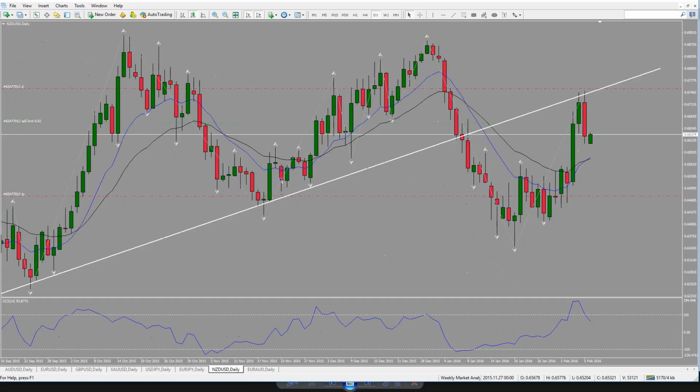Kiwi dollar, we are going to try and trade off this resistance line. And we have placed 50% of our trade as a pending order at that level there.